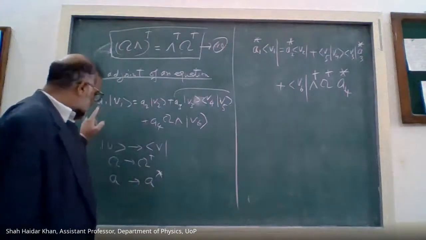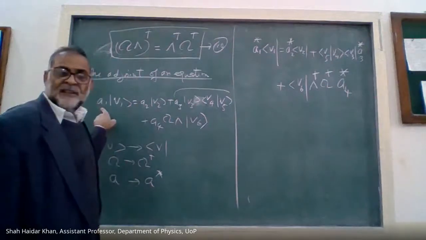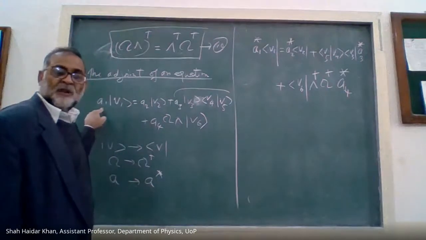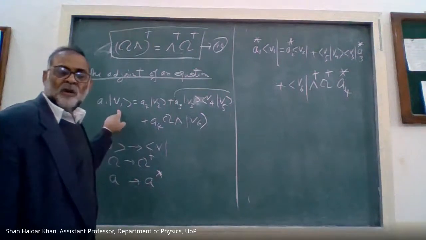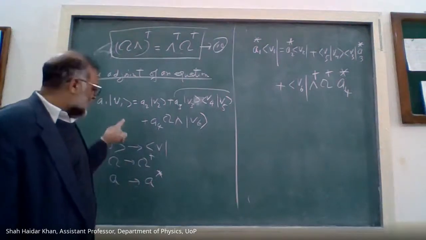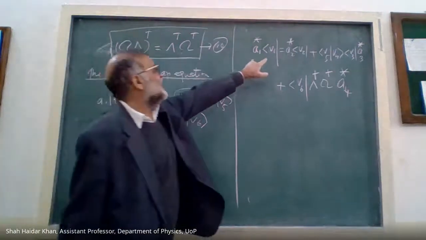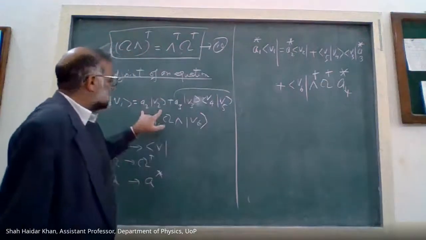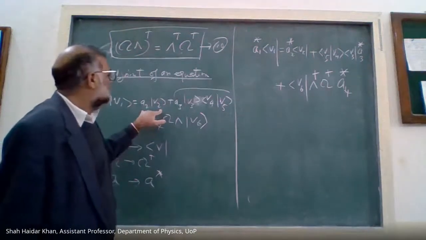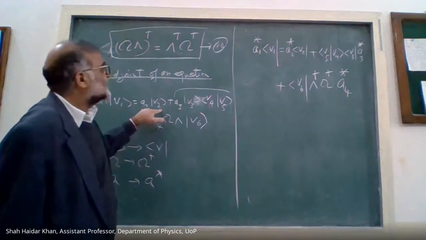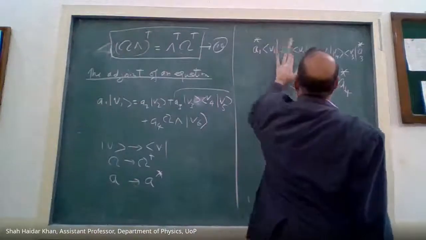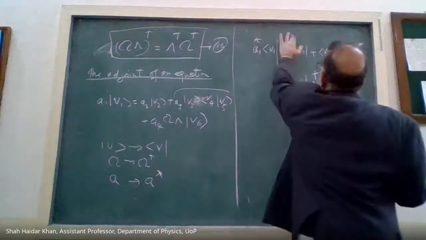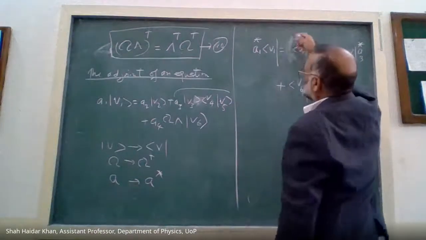So what we do, we change the number to its complex conjugate. We change a ket into a bra. So we did this here, the same thing here. And you can do it like this here. It is a scalar, a number, so it does not matter.